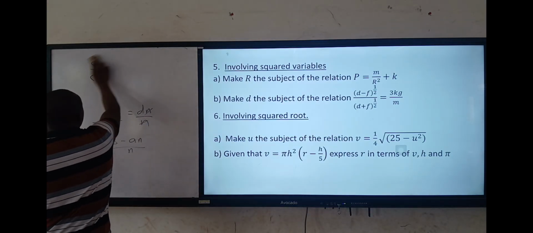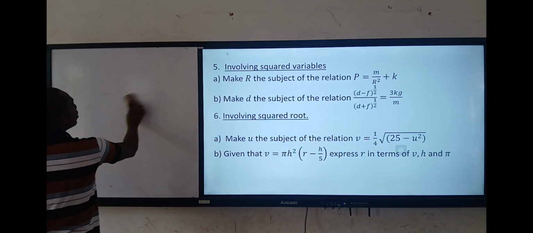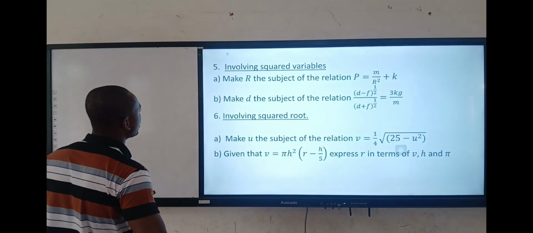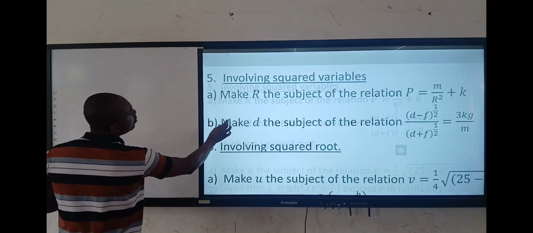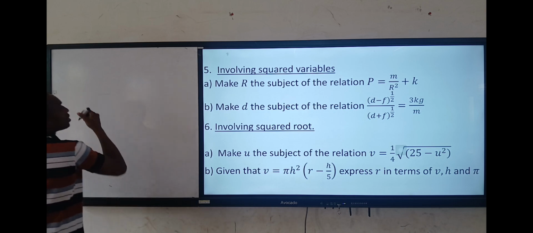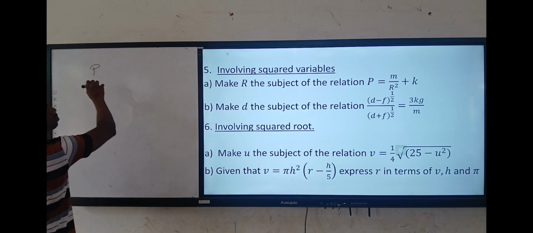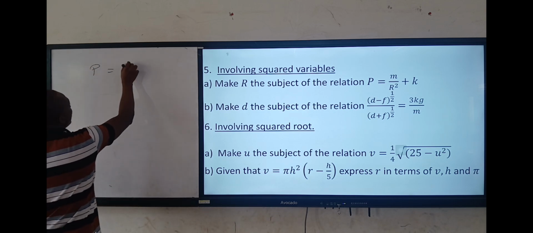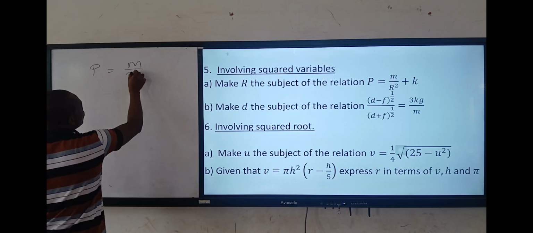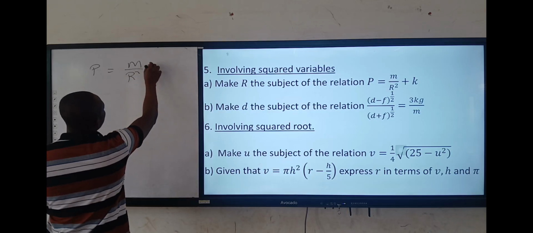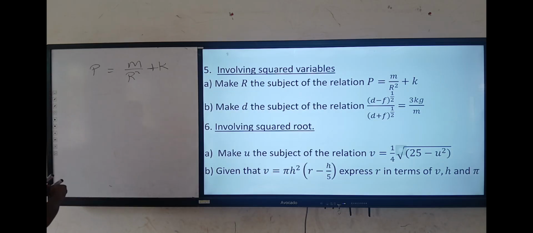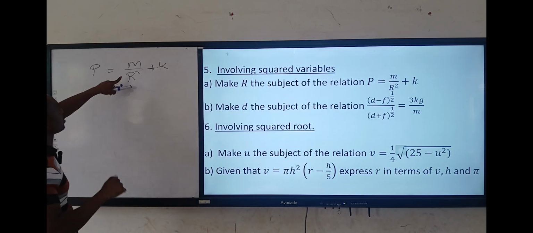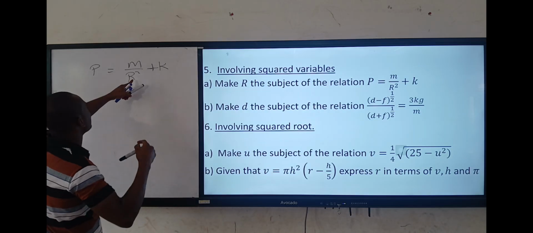The one with square variable. So you are taking the first one. You are taking this one. So that is P equal to M over R squared plus K, where we want R to be the subject. So this one also is a fraction, so you multiply through by what?